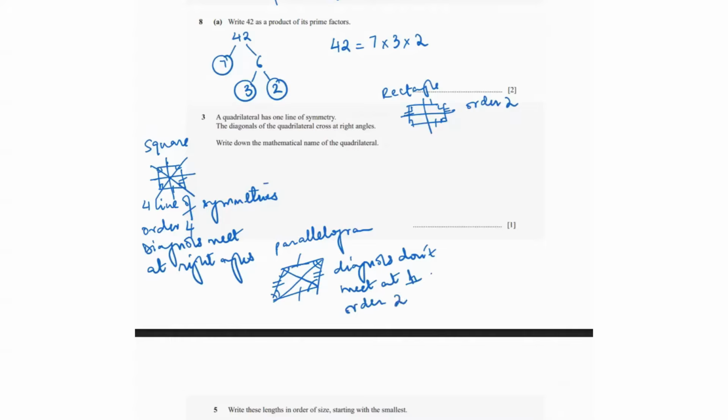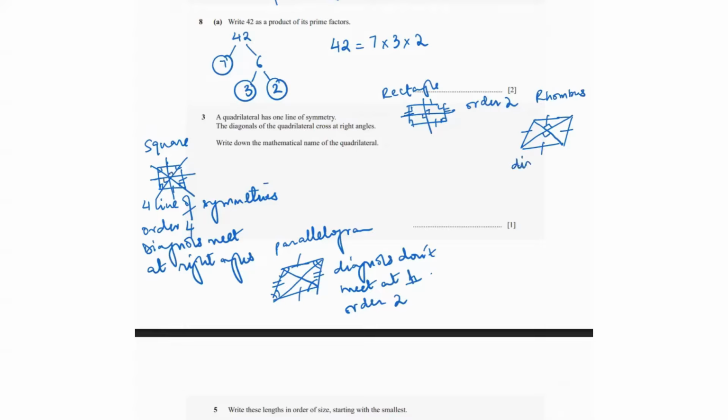Now, next shape I'm going to talk about is the rhombus. So in a rhombus, it's similar to a parallelogram visually, but it has all equal lengths. So a rhombus has all equal lengths, and for a rhombus, your diagonals are going to meet at right angles, just like the rectangle and the square.